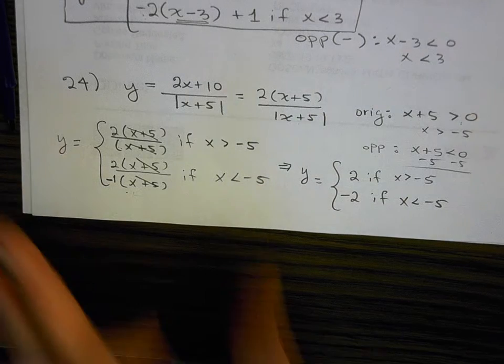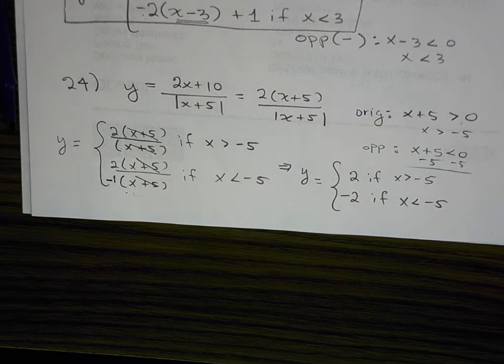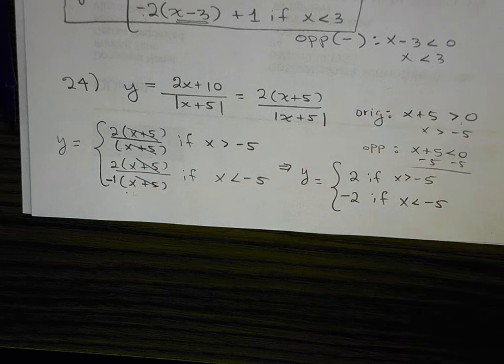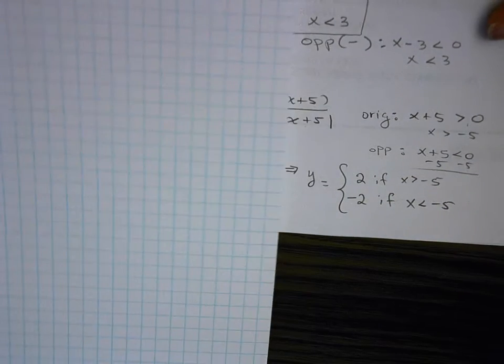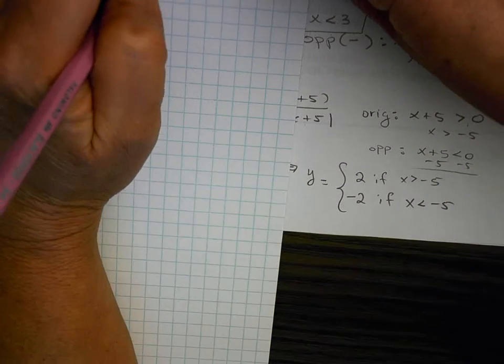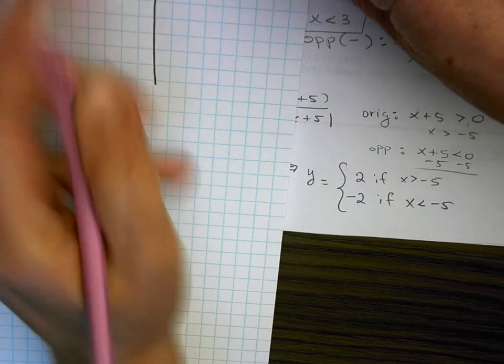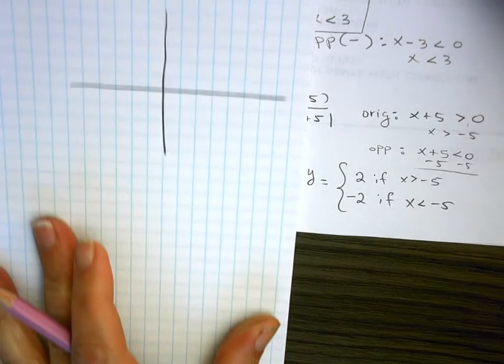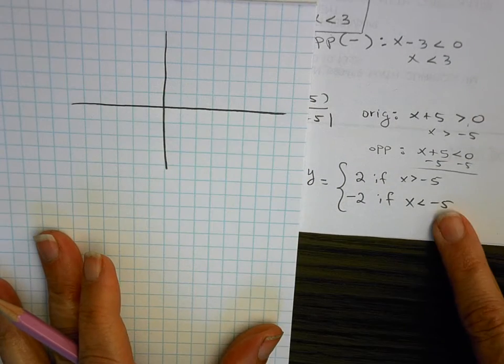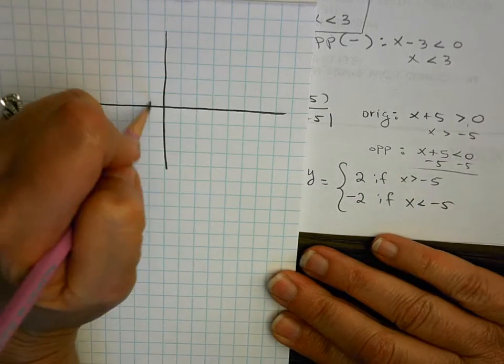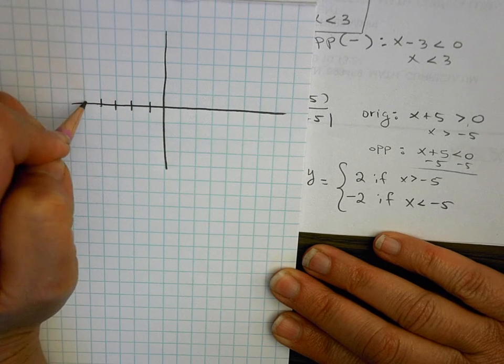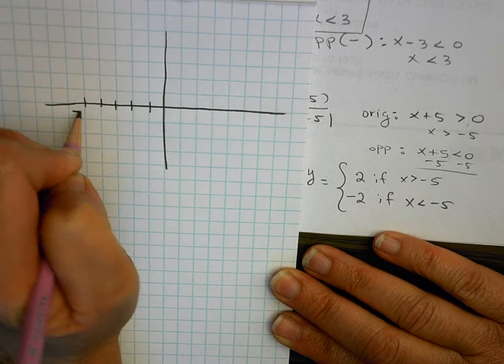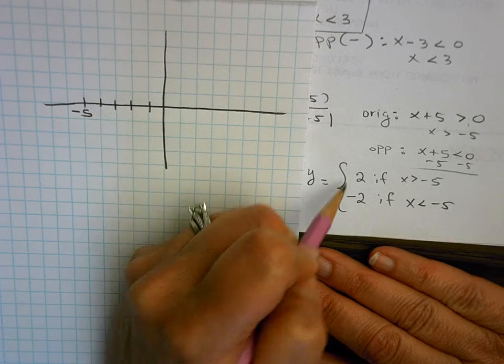So let me get some graph paper here. So I'm going to go to where x is negative 5. And these are my y values.